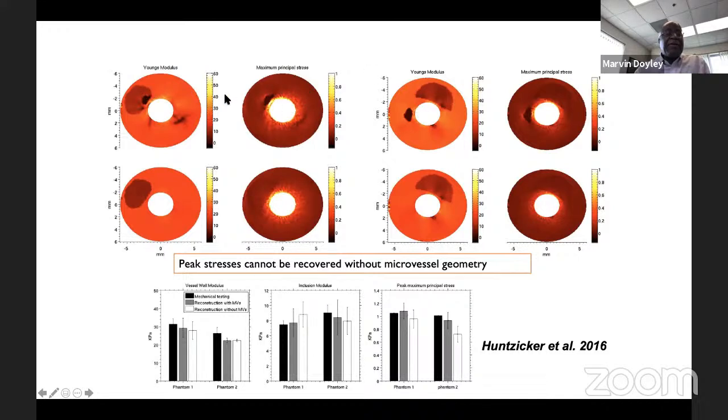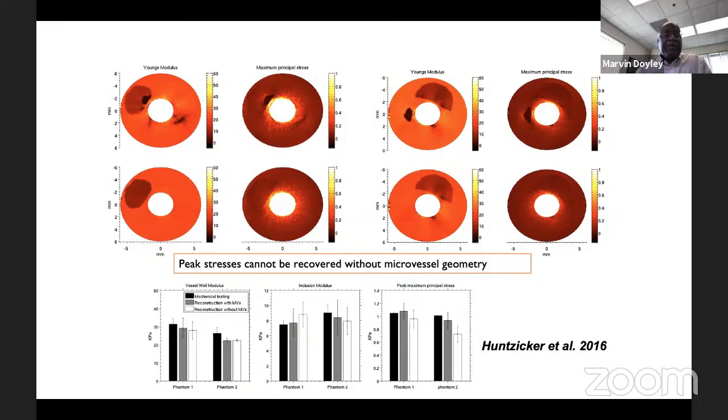And then what he wanted to find out was what was the maximum stress in these vessels. So the question he had was, okay, if I know the mechanical parameter, if I solve the inverse problem, work out what the Young's modulus distribution or the shear modulus distribution is, I know the pressure within the vessel, I can use those 2 pieces of information to work out what the stress is. The stress within that vessels are, because that is what will dictate whether the vessel will rupture or not, all right?